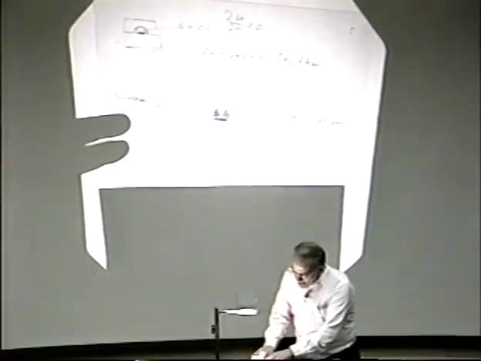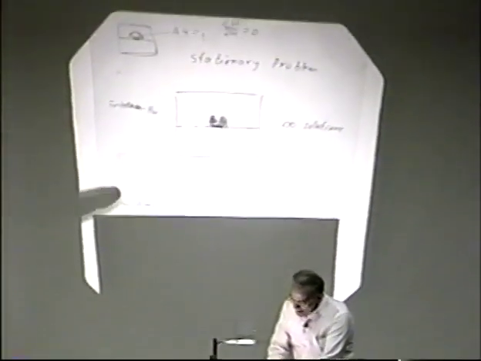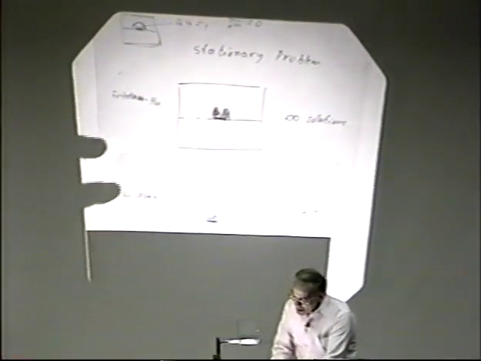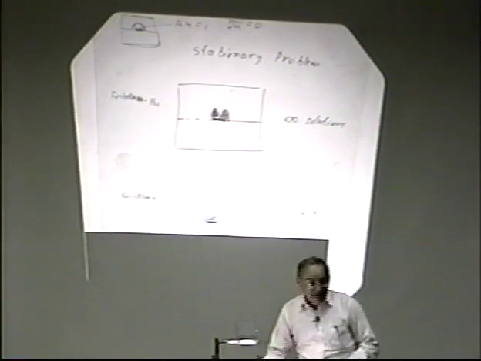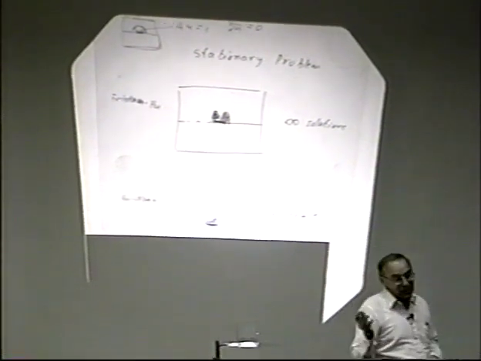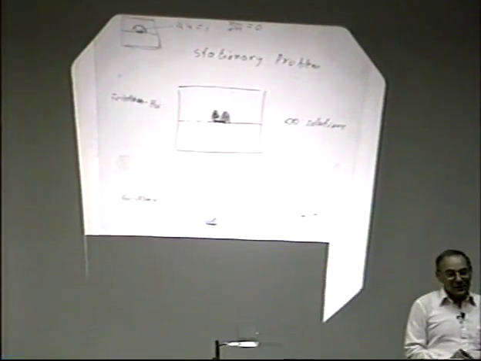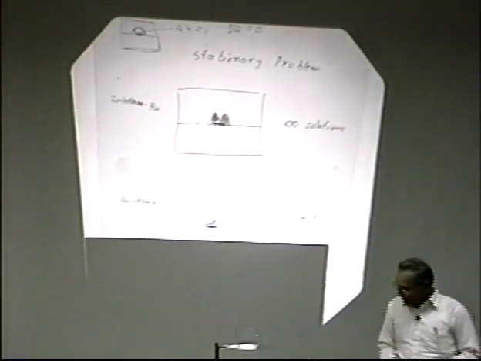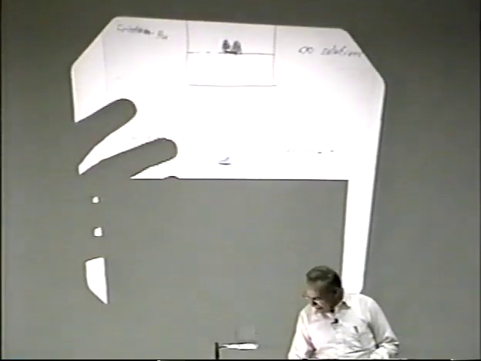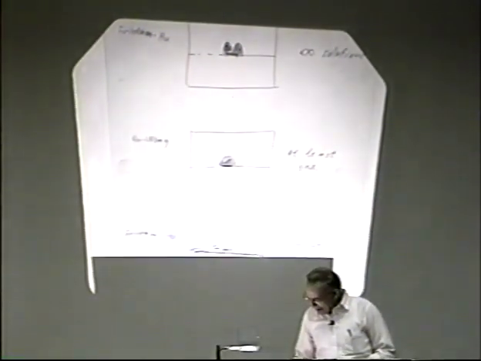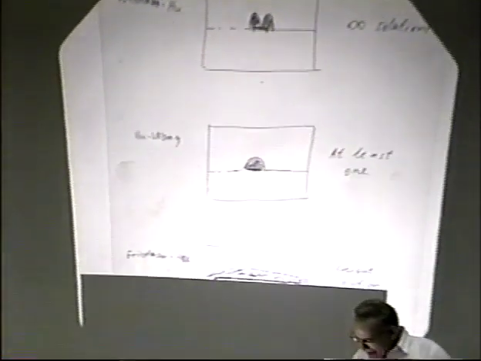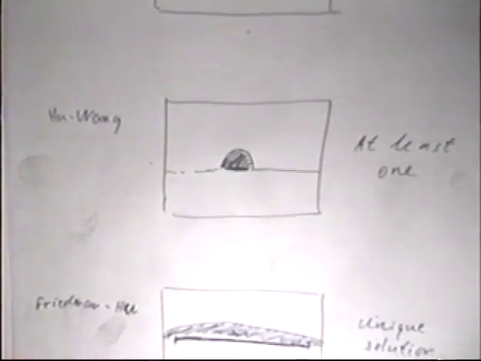And more recently, Bei-Hu and Li Wang proved that there is at least one component that is connected. At least one, there may be more. If this interval, the black spot, is very, very small. On the other hand, if it is very, very large, then there is a unique solution.